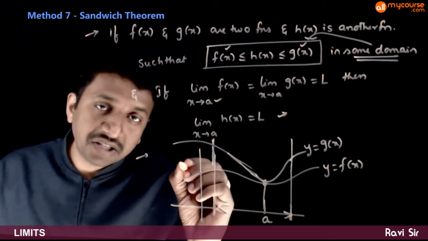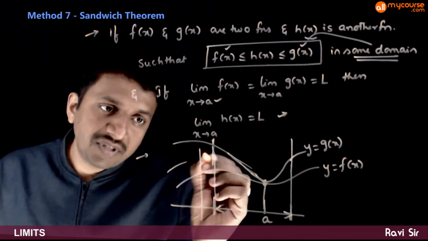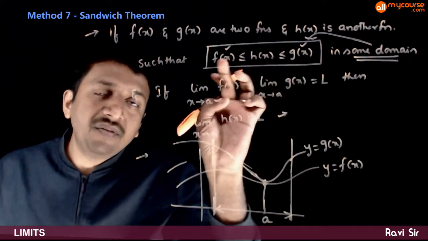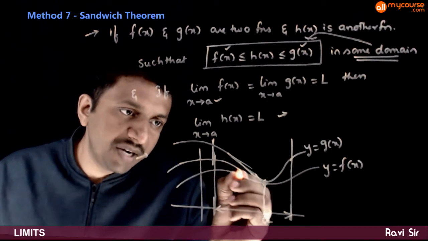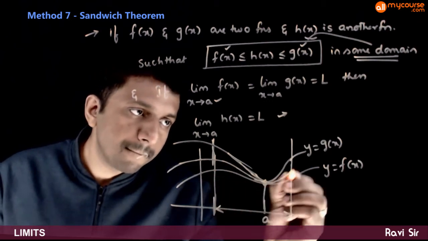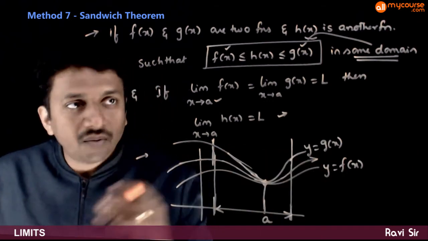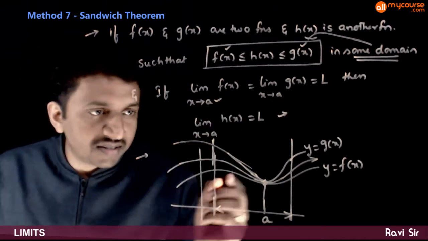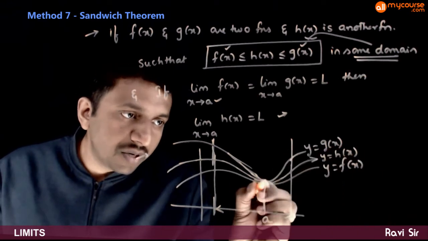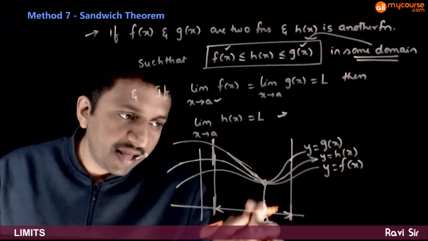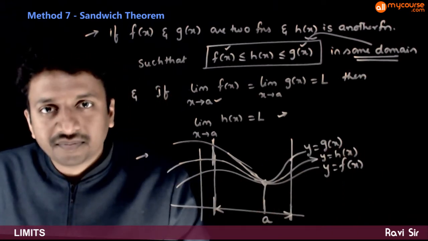Now if there is another function which is h of x, which is always in between f of x and g of x within this domain, then what this theorem says is this y is equal to h of x also tends to the same limit L as x tends to a.